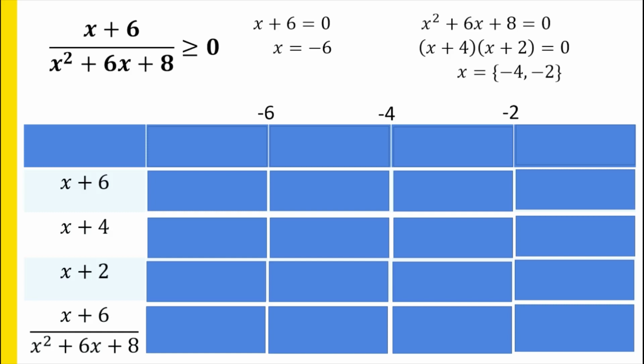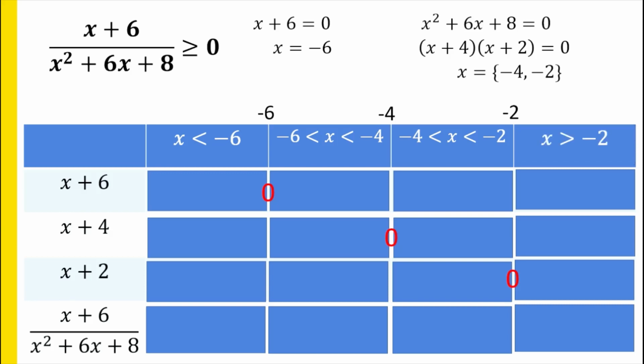So what are those? Let's first put the zeros here. x plus 6 is negative 6, x plus 4 negative 4, and x plus 2 negative 2. The first inequality: x is less than negative 6. The next one: x is between negative 6 and negative 4. Then x is between negative 4 and negative 2.